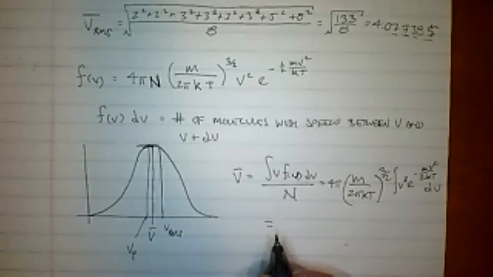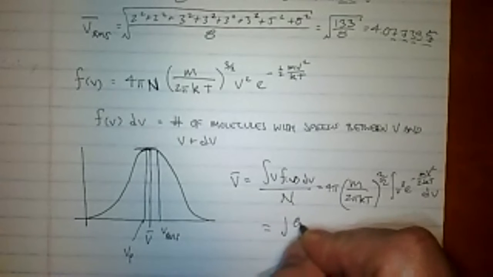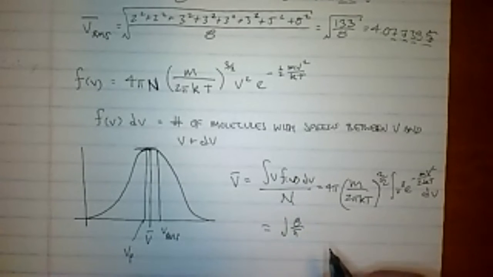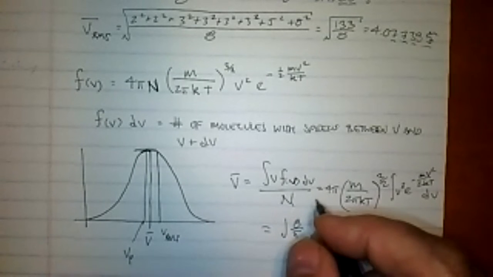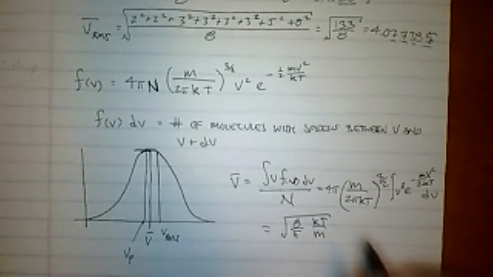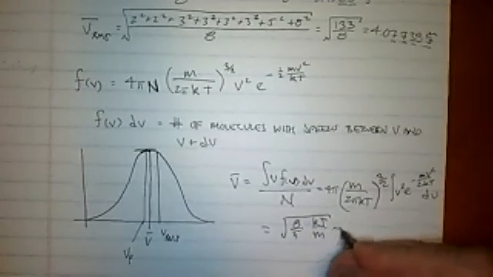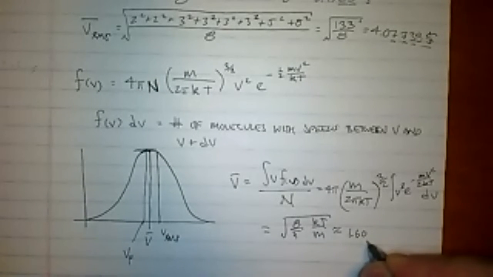But if you actually do it, what you'll end up getting is the square root of, and by the way, I did do this on my YouTube channel, so you can look at the derivation there, 8 over pi times kT over m, which is approximately 1.60 times the square root of kT over m.